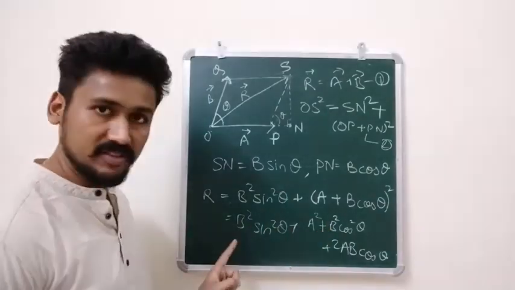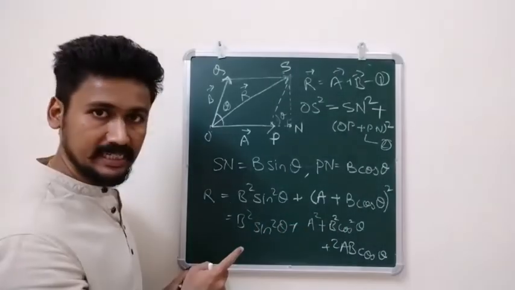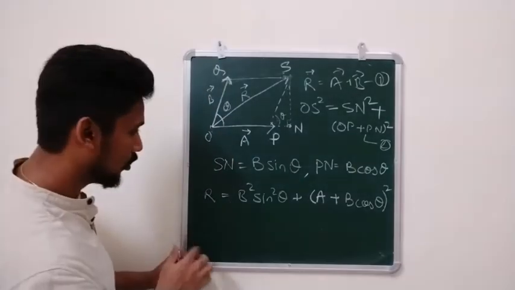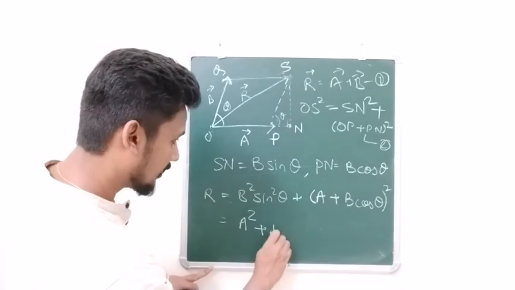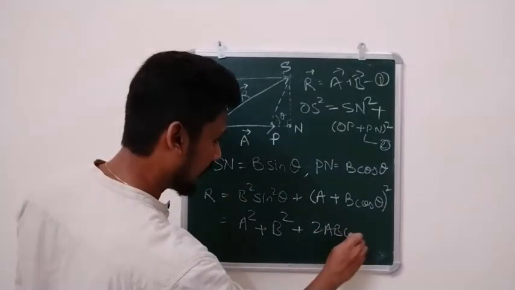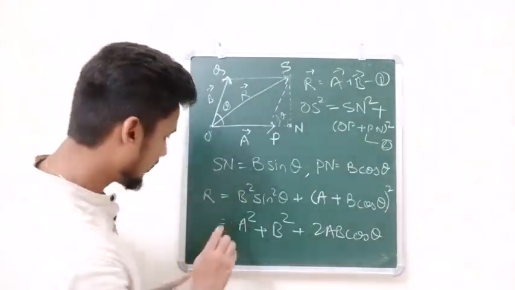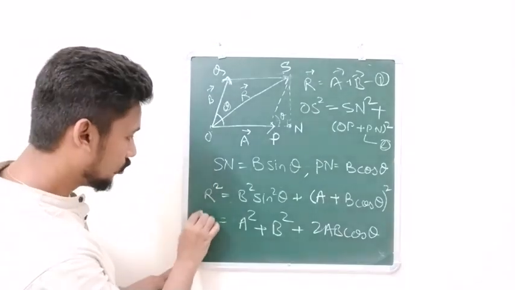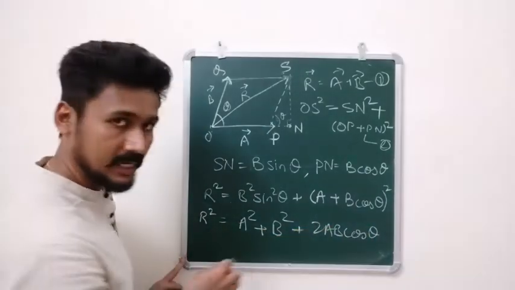B square will come out of the bracket and you will be left with sine square theta plus cos square theta, which is again 1. If you solve this, now this is something I want you to do on your own, you will get the answer as A square plus B square plus 2AB cos theta. Of course, I made a mistake, this was R square. So you get R square is equal to A square plus B square plus 2AB cos theta.